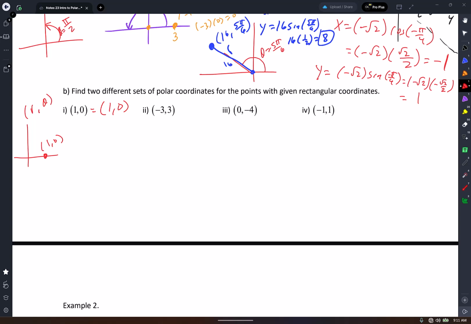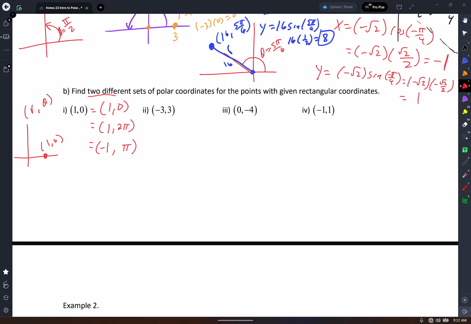I could also do a full revolution, so 2 pi, and then make r 1 again, and I'm still in the same location. I know it says find two different, but I just want to give you guys more. I could have also rotated to pi, and then instead of making r positive, make r negative, so negative 1. Do you guys see all the different ways we could have done that?